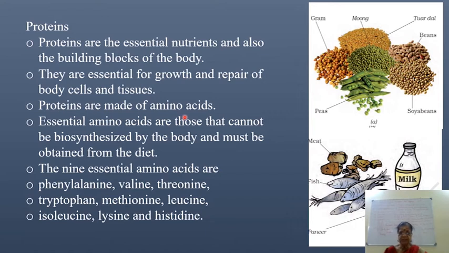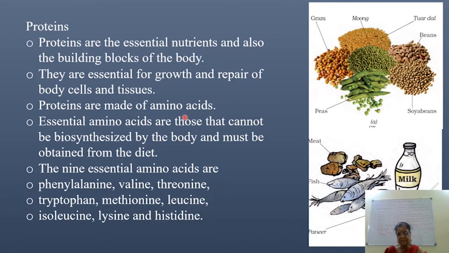Then proteins are made of amino acids. We studied that carbohydrates are made of carbon, hydrogen and oxygen. Similarly, proteins are made up of amino acids. And these amino acids fall into two categories: essential amino acids and non-essential amino acids.